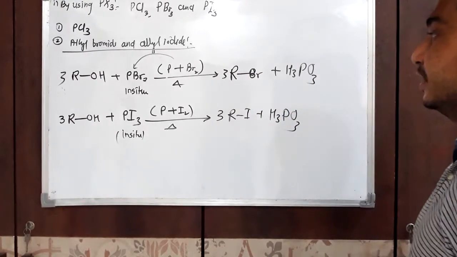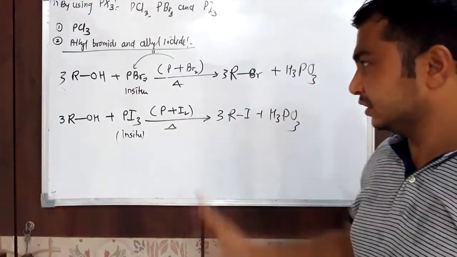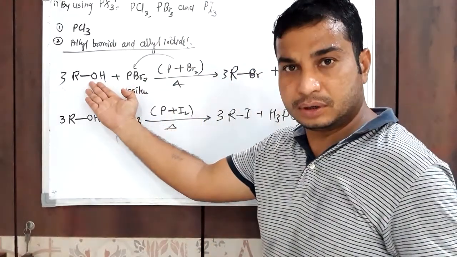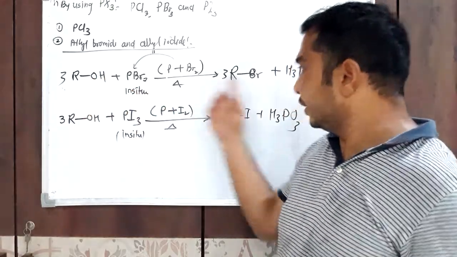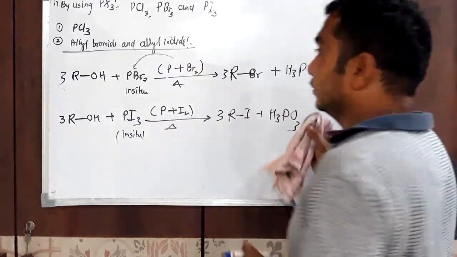In general, using different alcohols like methanol, ethanol, propanol, you will get the corresponding alkyl bromide or alkyl iodide.